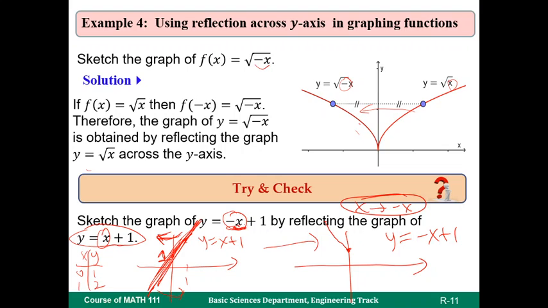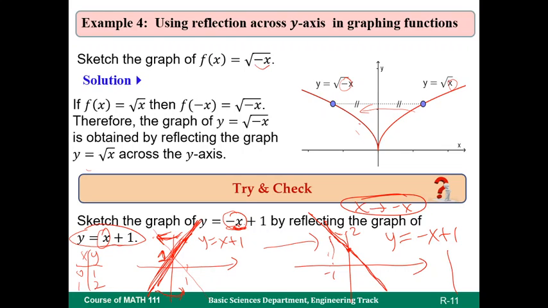Then (1, 2) goes to (-1, 2), and this part will go to this part. So you will have this. This is how to reflect it with respect to the y-axis.